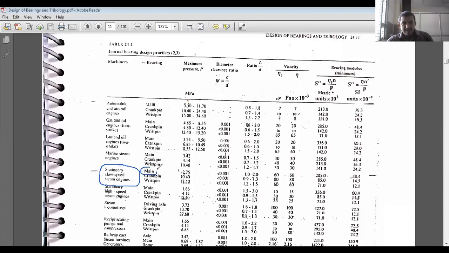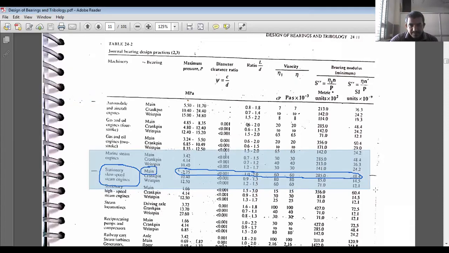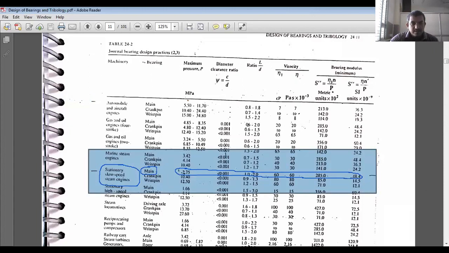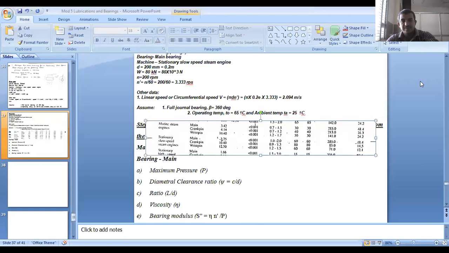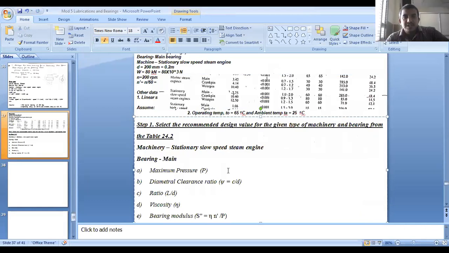Second column, main bearing. Then you take these data. Clear? Please copy that. Stationary slow speed engine, the main bearing.